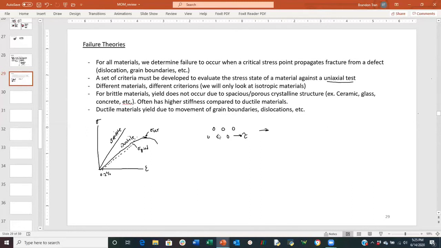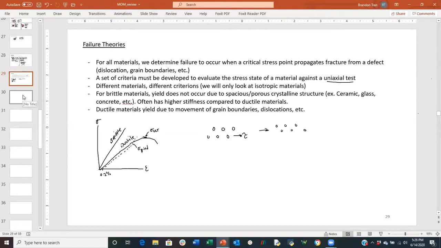There comes a time where the pull from this atom is overwhelmed by the applied shear stress, and we essentially get a newly formed crystalline structure of equilibrium, which is what we define as plasticity. So that's what this last bullet point means: ductile materials yield due to movement of grain boundaries and dislocations.